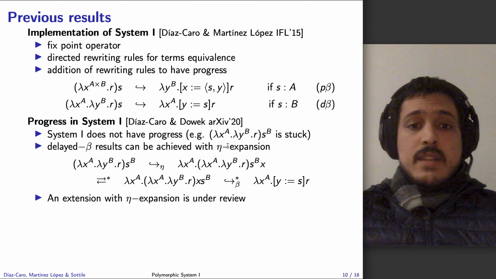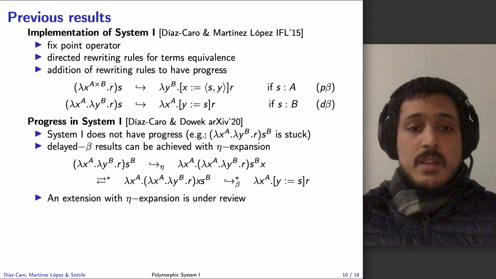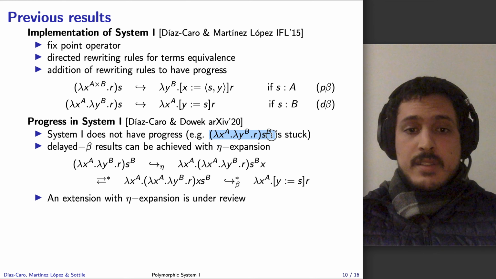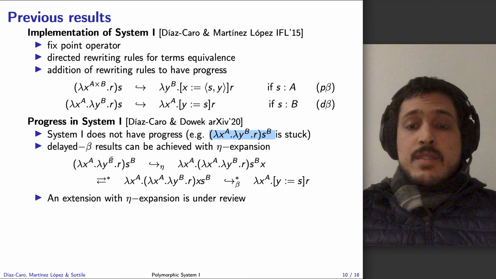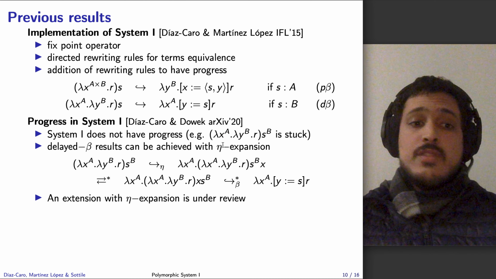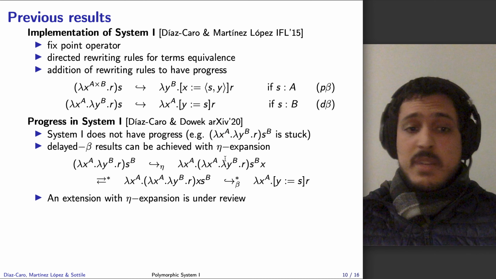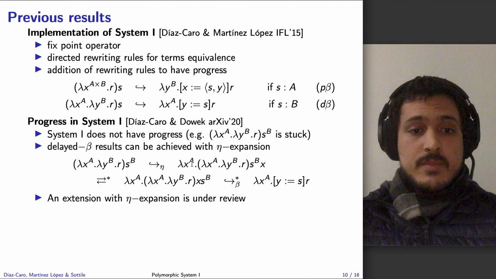And then they realized that, well, first, there's no progress in System I because this term is stuck, right? And they realized that the results achieved with delayed beta can also be achieved with eta expansion, because this term can get transformed into this other term, right? Added abstraction, duplication.